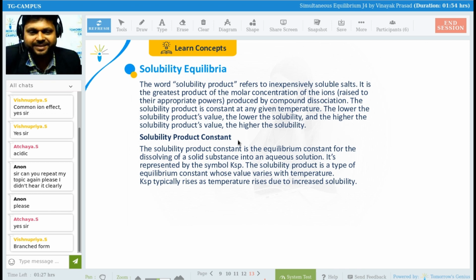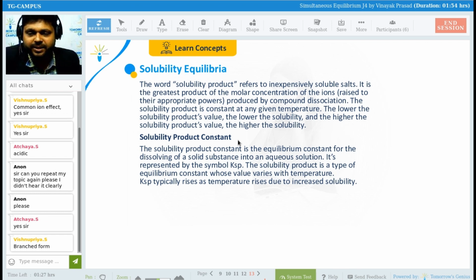It is not change in pH, it is resisting change in pH, right? So you were there in the class when I started the session? No, sir. So listen please once again. So this time Atachaya will explain what is this buffer solution, right? So Atachaya, please explain what is this buffer solution to Arthi.